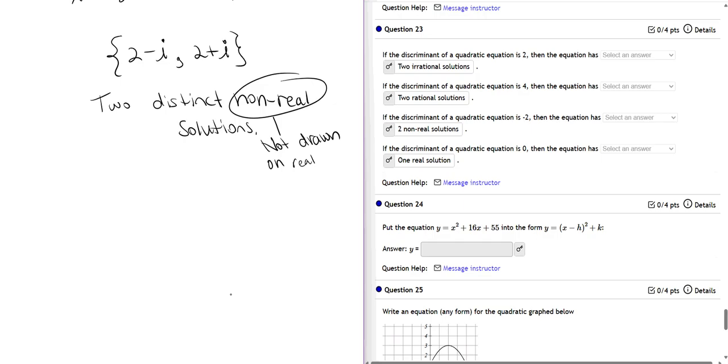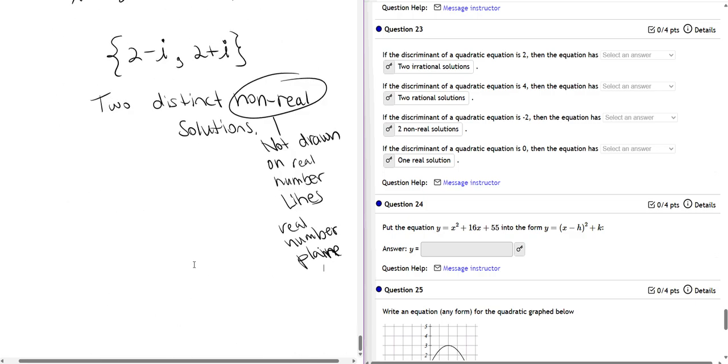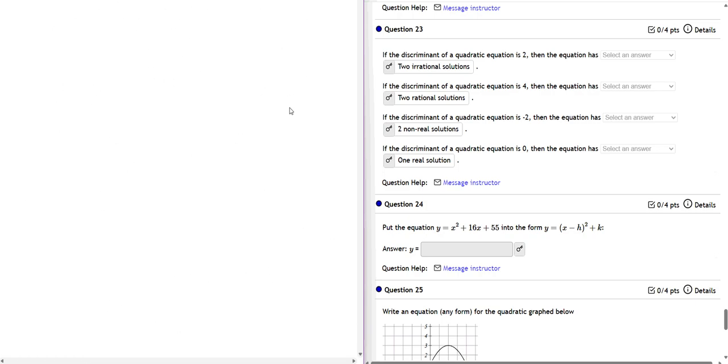So they're not going to show up on the x-axis and y-axis, so the grid or a real number plane. Is that right? Is it plane? I can't remember. I think it's okay.